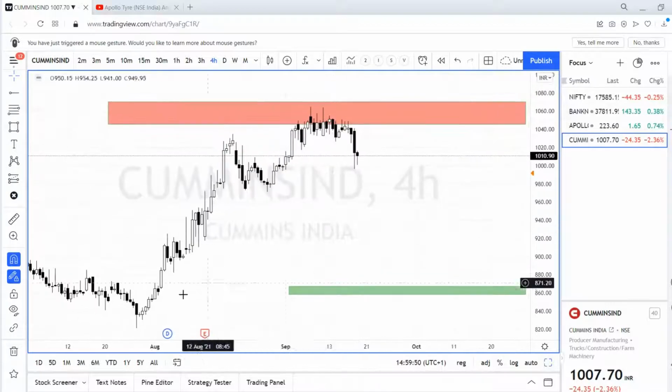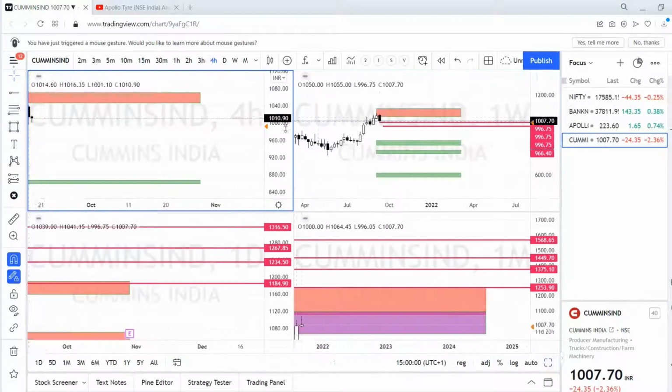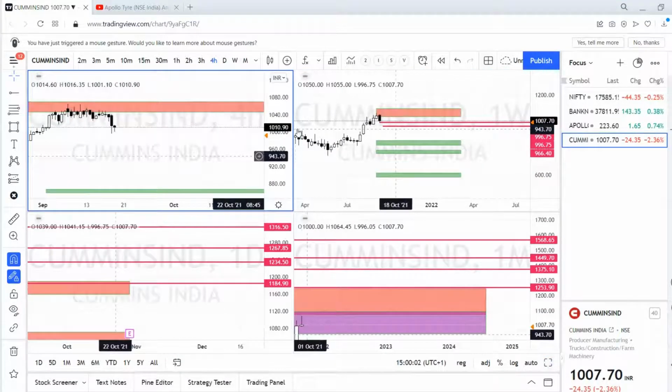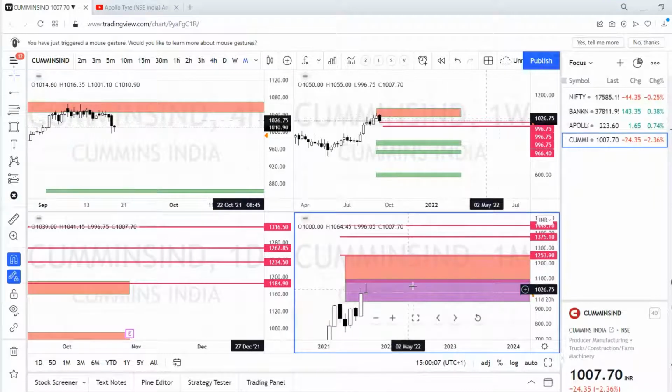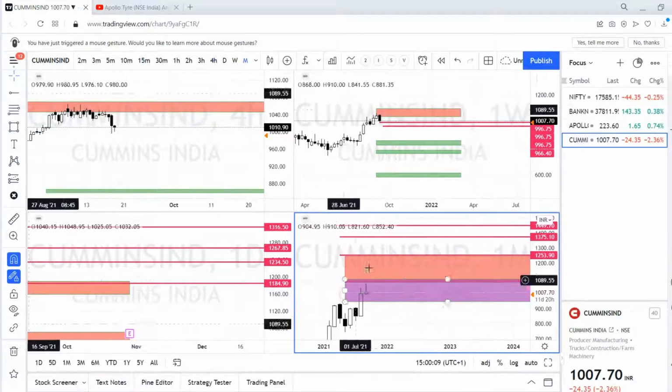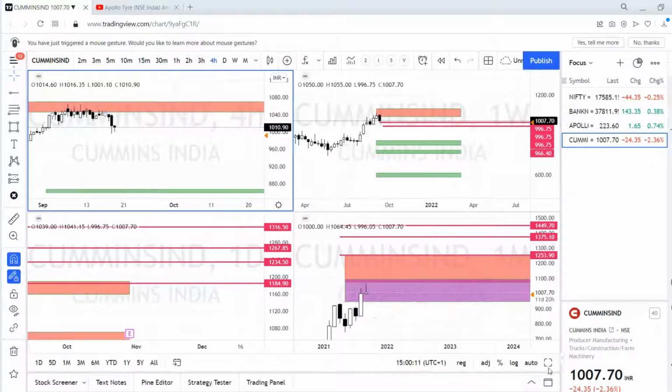It is suggesting that after this impulse, a slight correction, then this impulse could not be that big because of the supply zone, obviously, which we are seeing in all the time frames. The supply zone is here. Since this supply zone is quite strong, it will take some time to break these levels, and then the price should move up.